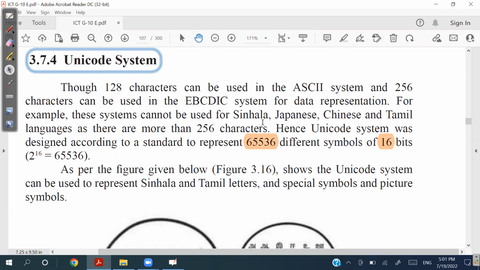Next week, I'll show you how to represent a small number in BCD, as well as how to use the ASCII code system to represent a small word, right? By next week, for sure, we will be able to finish this off, and I will start the 4th lesson as well, right? Because it's a small part that we need to go through. Then we'll move to the 4th lesson, which is logic gates, right?